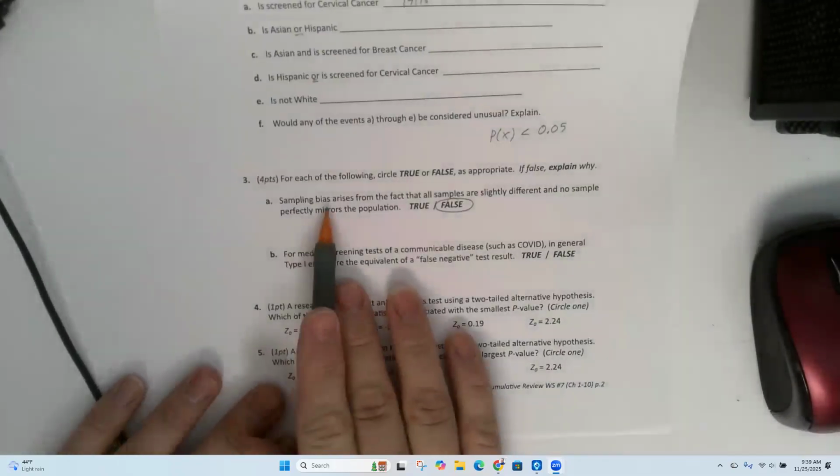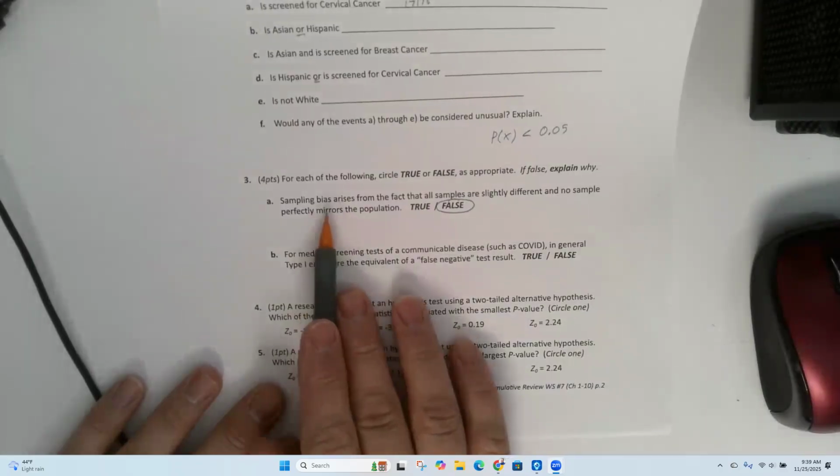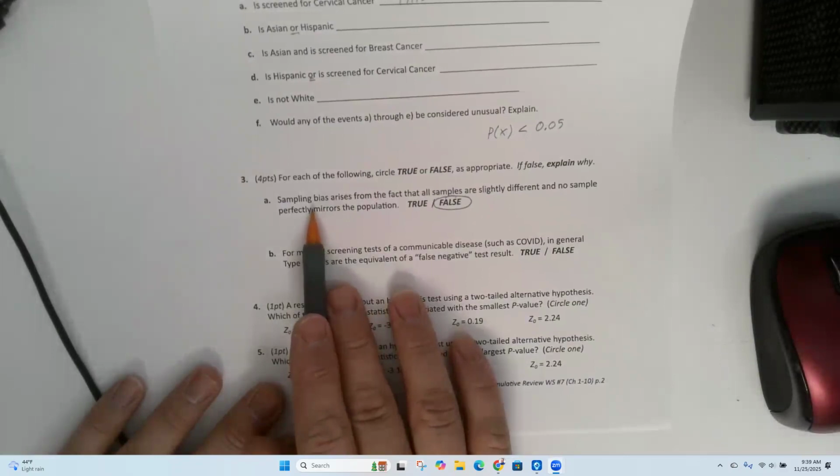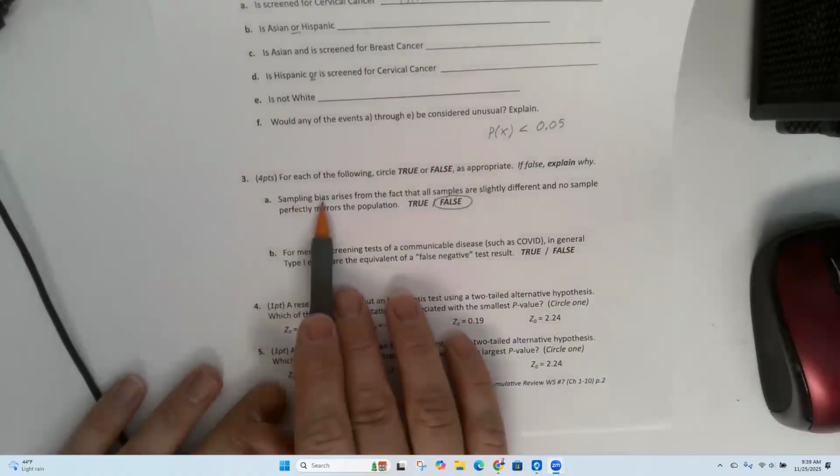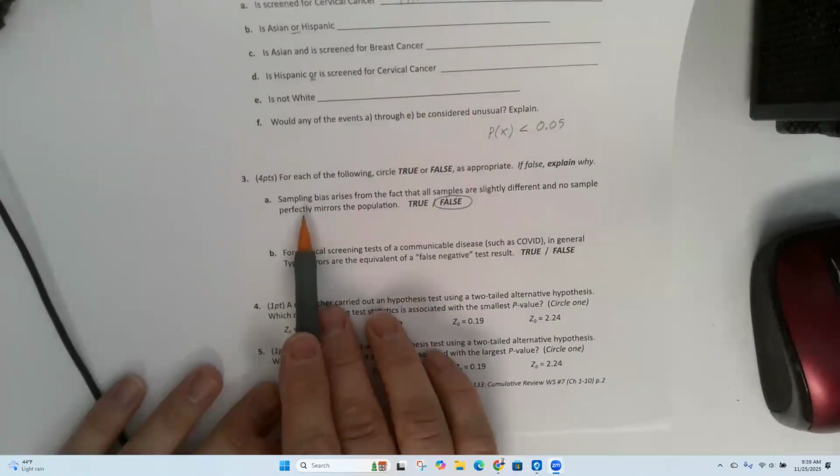So sampling bias was where you select your sample, but it's not random. And if it's not random, then you could end up picking things that are not representative of the population.